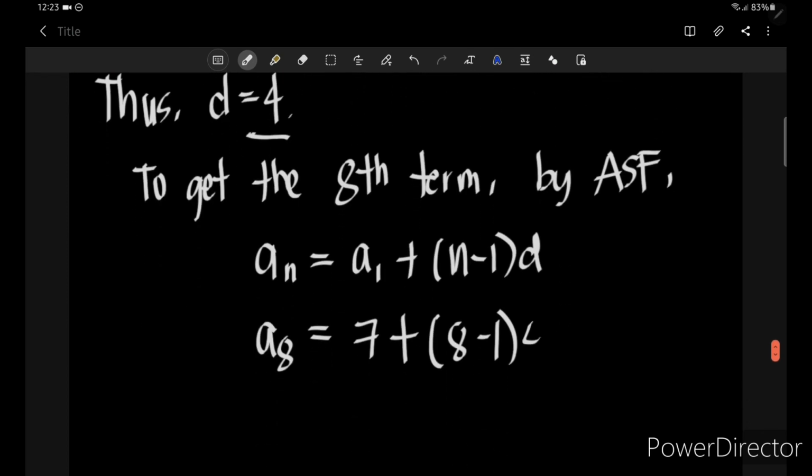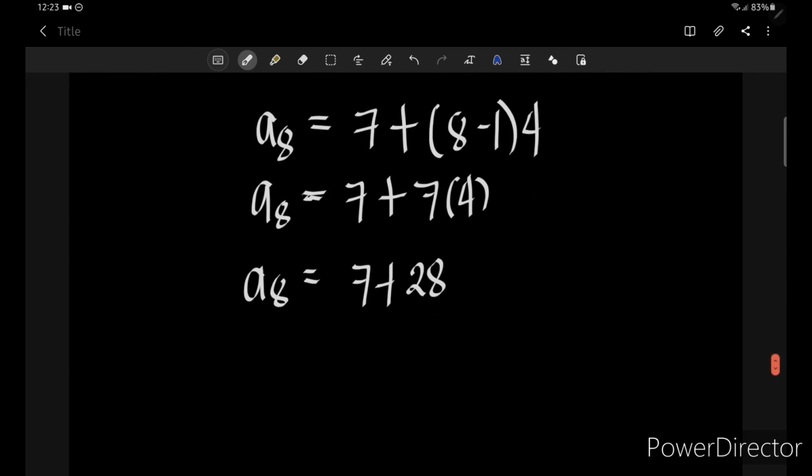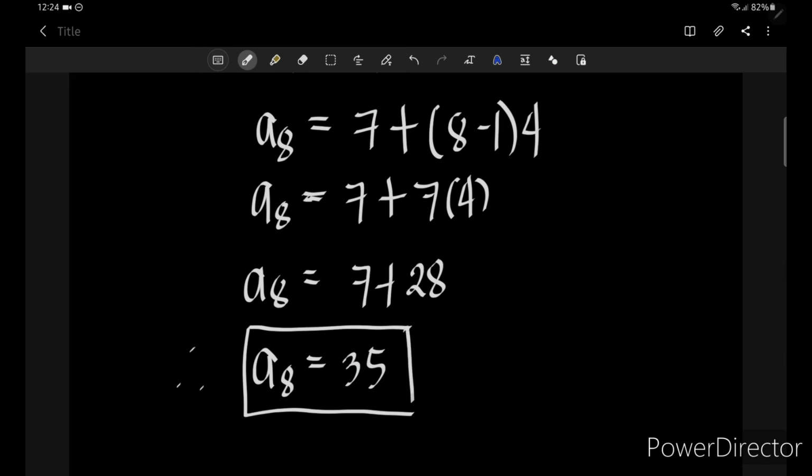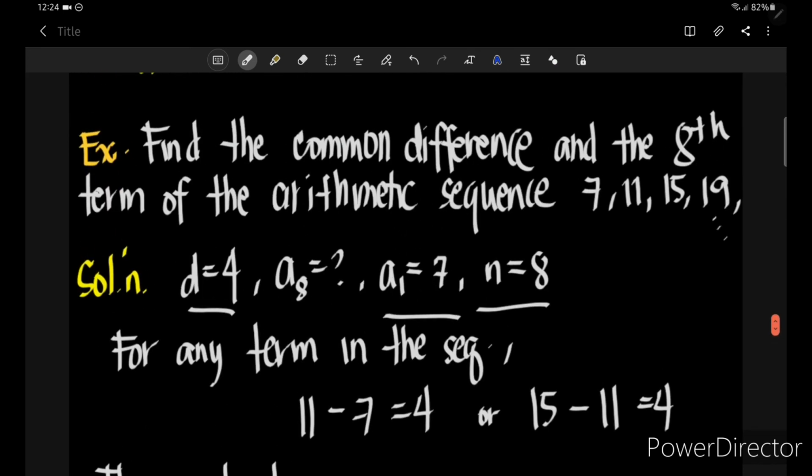So, substitute. A sub 8 now is equal to 7 plus 7 times 4. Or, we have 7 plus 28. Therefore, okay, the value of a sub 8 is 35. This is our 8th term. You can check sa ating problem, no, kung ito yung ating magiging pagbabatayan na sequence.